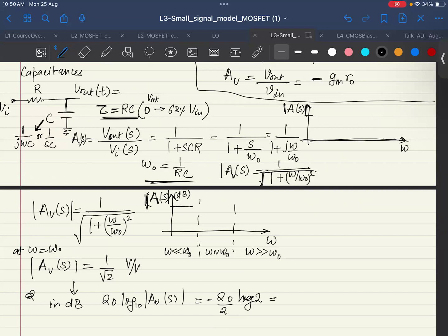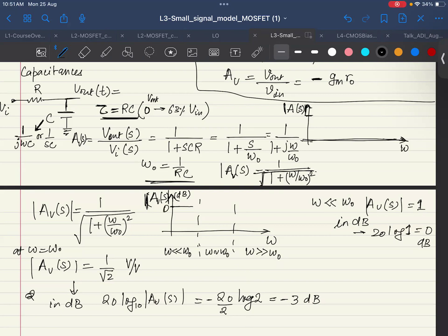Log 2 is I think 0.3 if I'm correct, so 0.3 into 10, this would be minus 3 dB, right? And for omega much less than omega naught, we saw AV was 1, which in dB would be 20 log 1, which would be 0 dB.